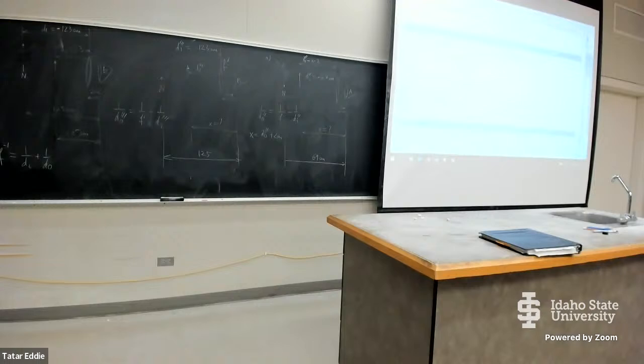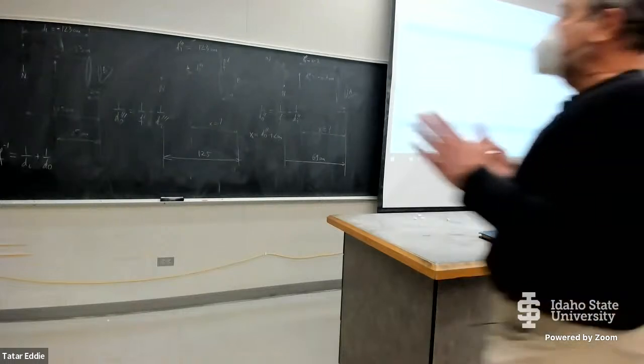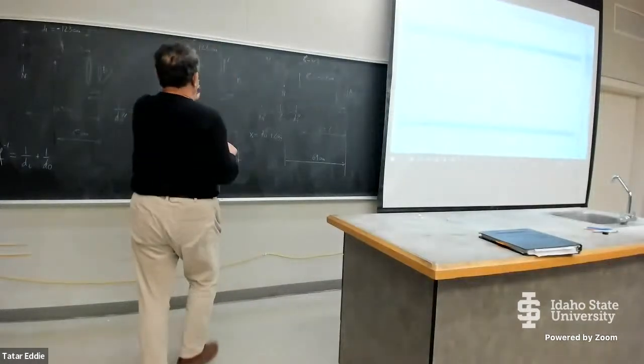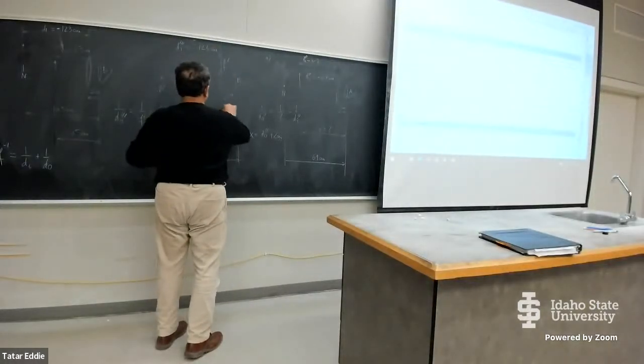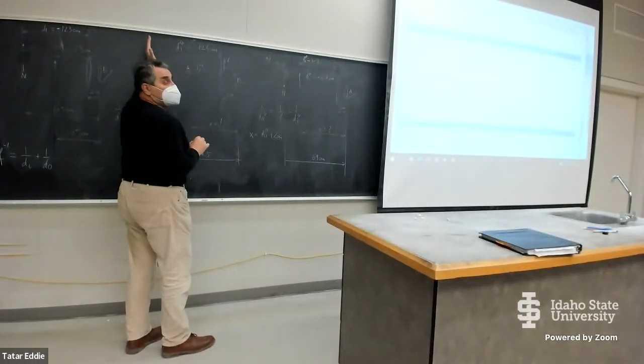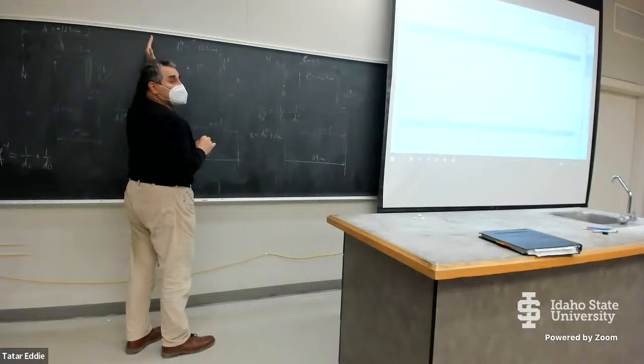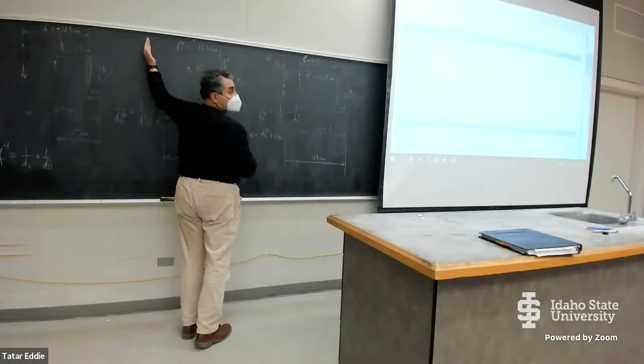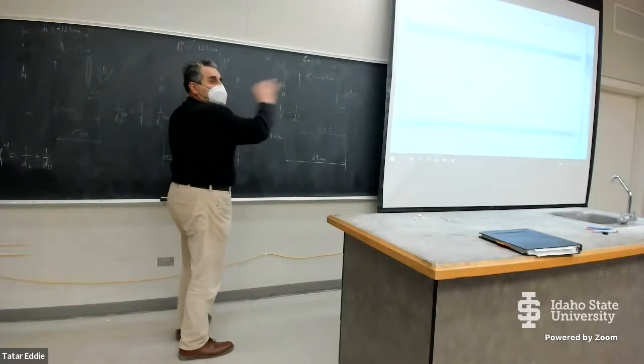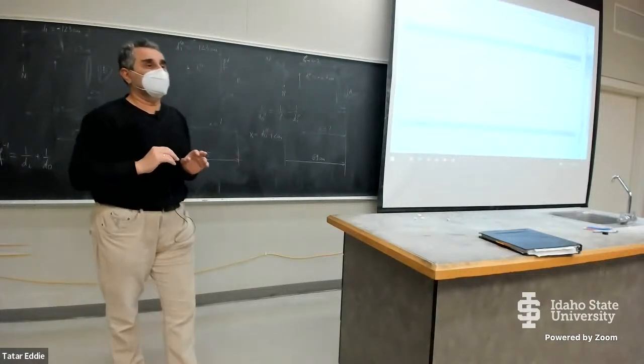Is it for both types of lenses that if the image and the object are on the same side, the image distance is going to be negative? Or is it different for convex or concave? So for any lens, no matter if it is converging or diverging, if the image is formed on the same side as the object, namely on the left of the lens, the distance is negative.